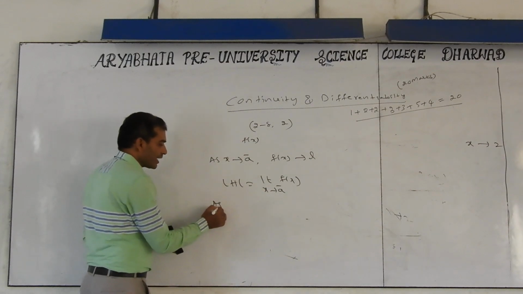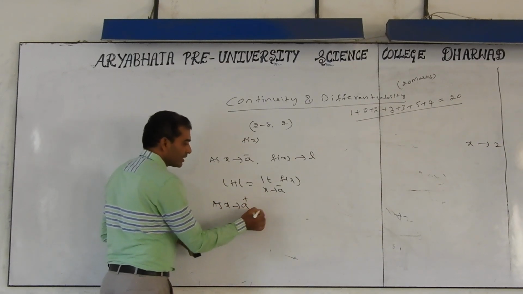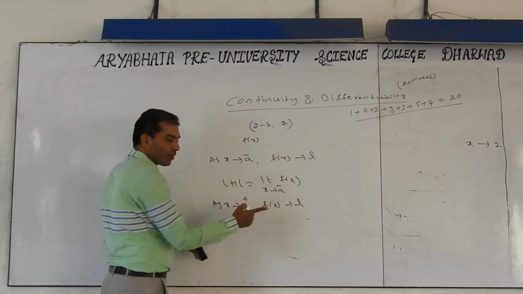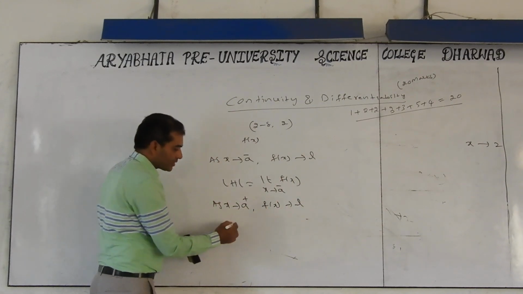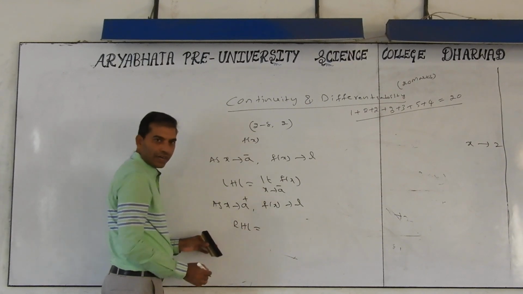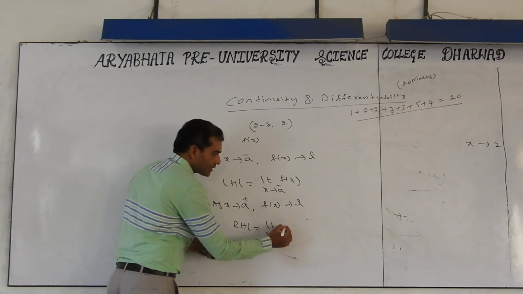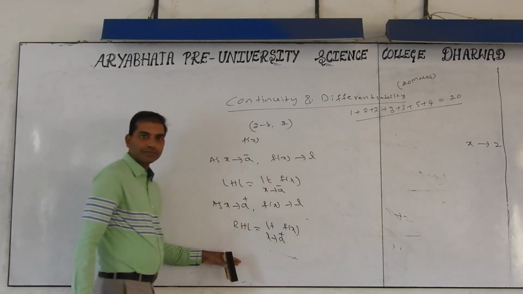Similarly, as x tends to a plus f of x tends to L, then L is called the right hand limit. It is denoted by limit x tends to a plus f of x.